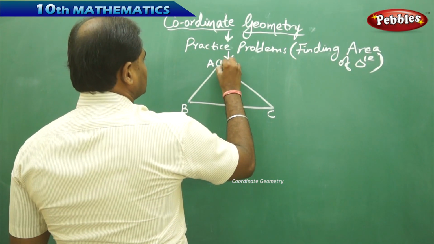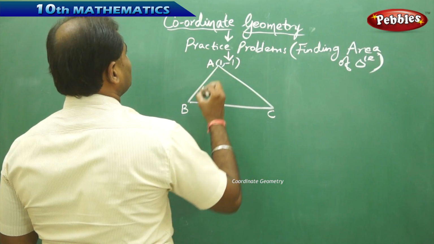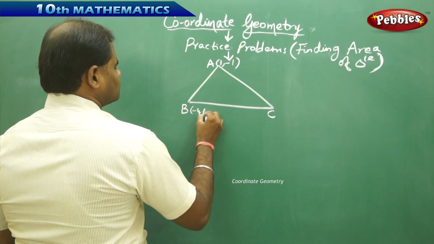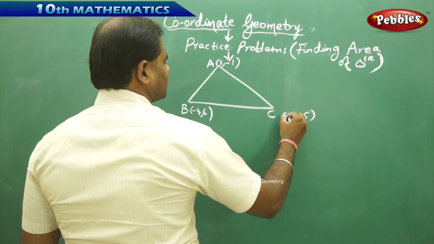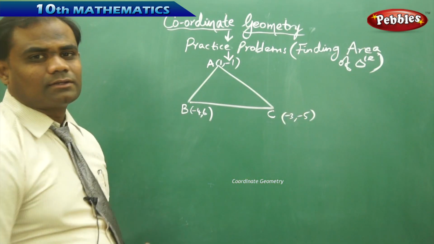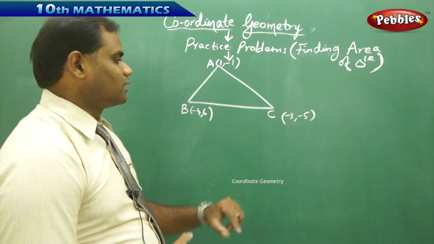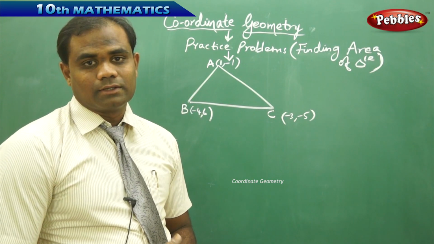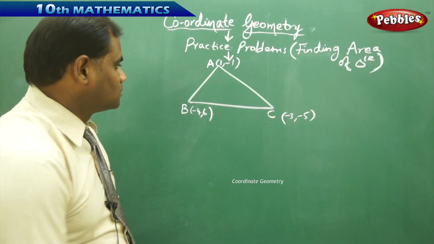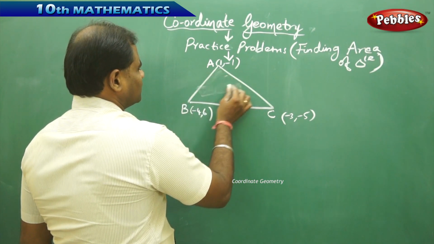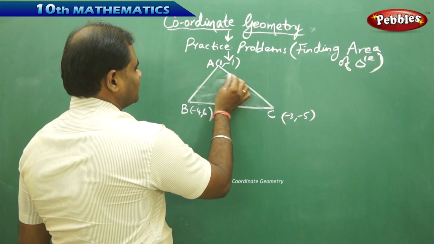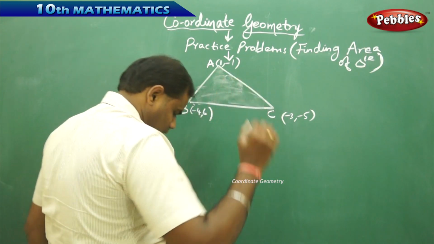Say for example, A is (-1, -1), B is (-4, 6) and C is (-3, -5). Then let's find the area of triangle ABC. So with the derived formula, we have to find the area of this triangle A, B and C.